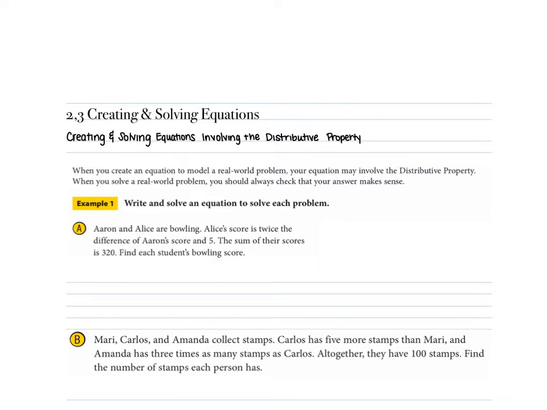For A, it says Aaron and Alice are bowling. Alice's score is twice the difference of Aaron's score and 5. The sum of their scores is 320. Find each student's bowling score.